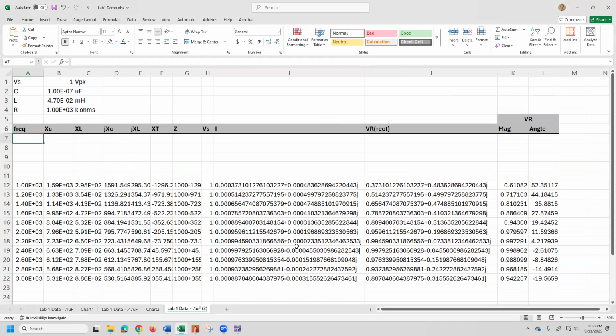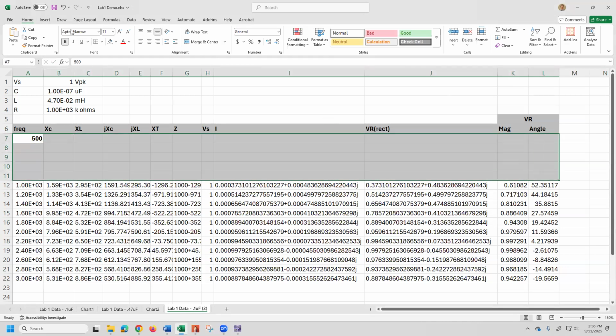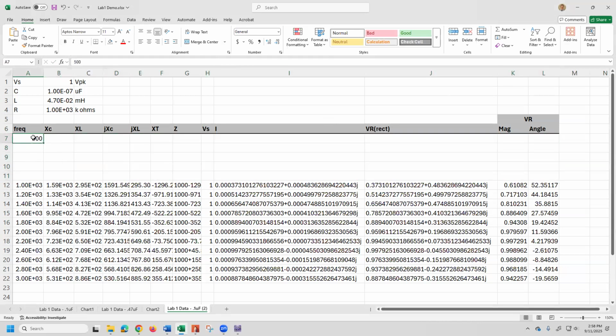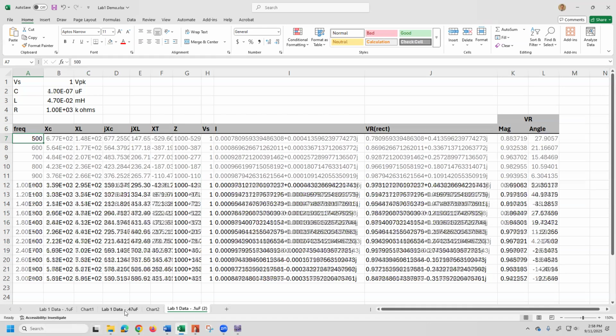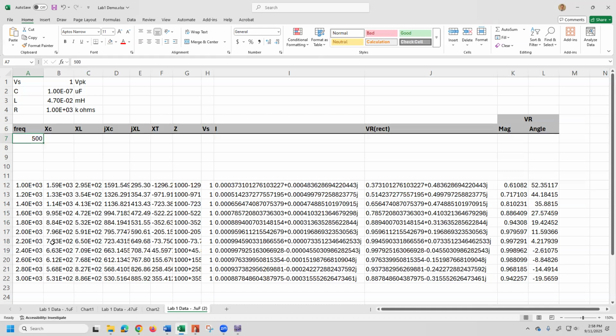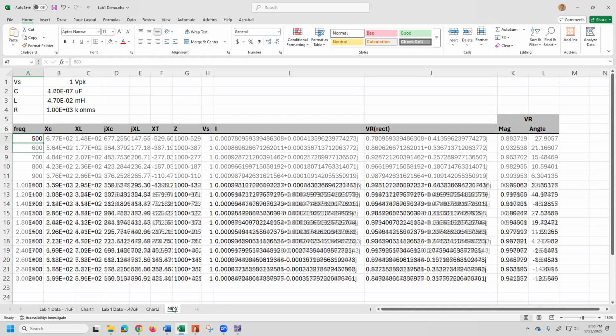And then type 500. Oh, we got to get rid of the bold. We got to go 500 to 2,000, and we want to go in steps of 100.